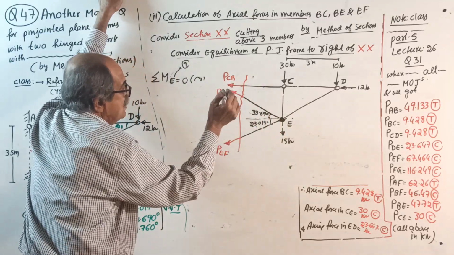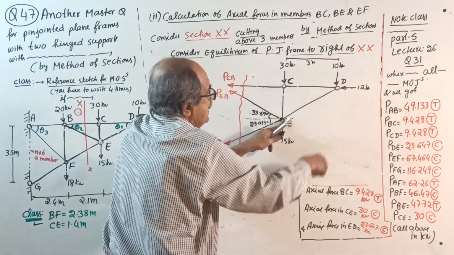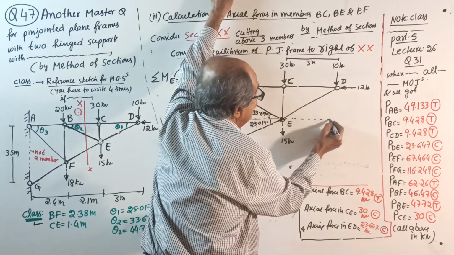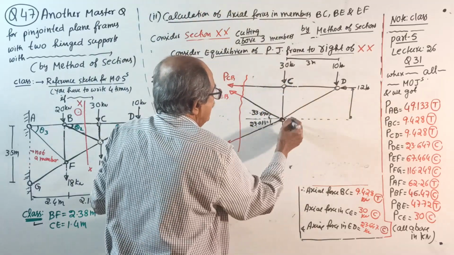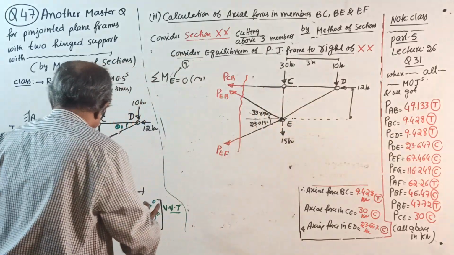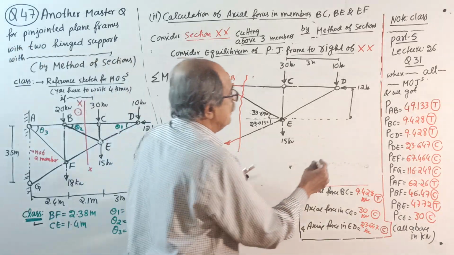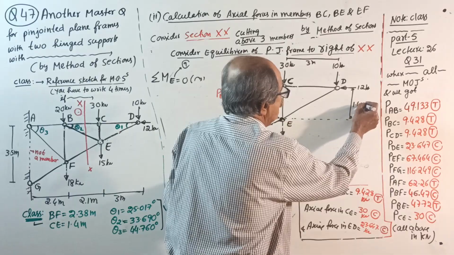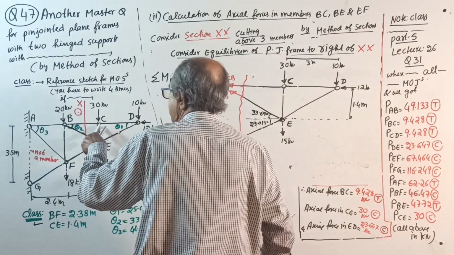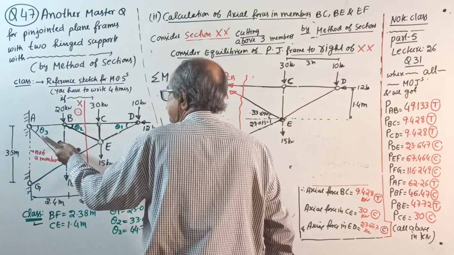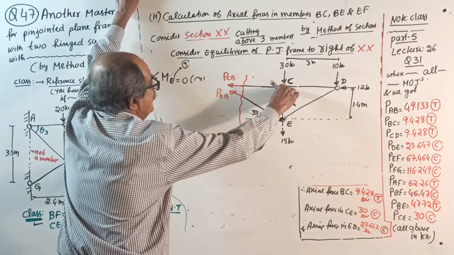Now, when you take moment about E, these forces into this height are required. So, light line, you mark this height, that is CE. CE we already got here, 1.4 meter. If it is not already got, calculate now by similar triangles: AG divided by this distance equals CE divided by this distance. Theta 3 is not required. Now take moment about here.